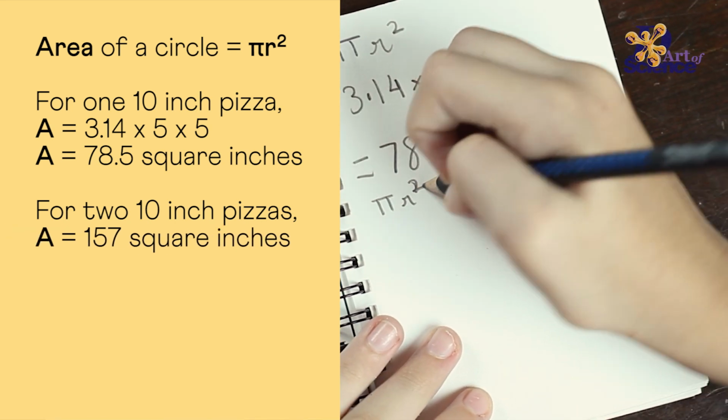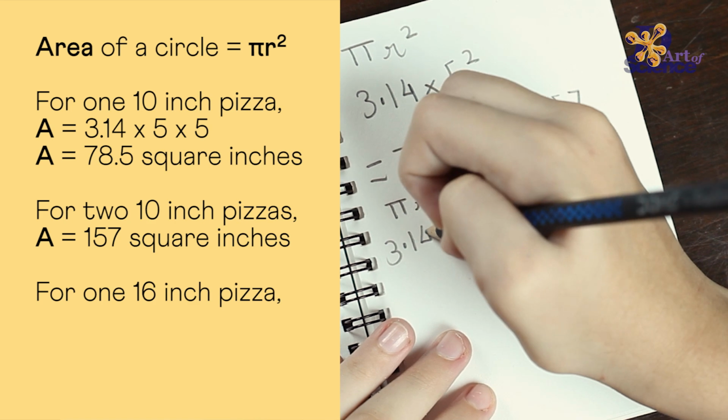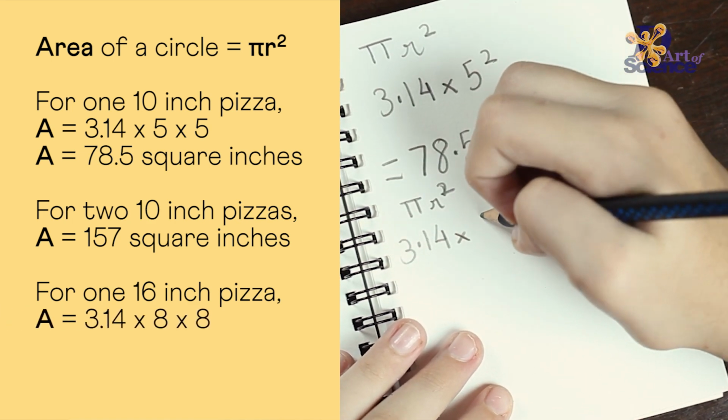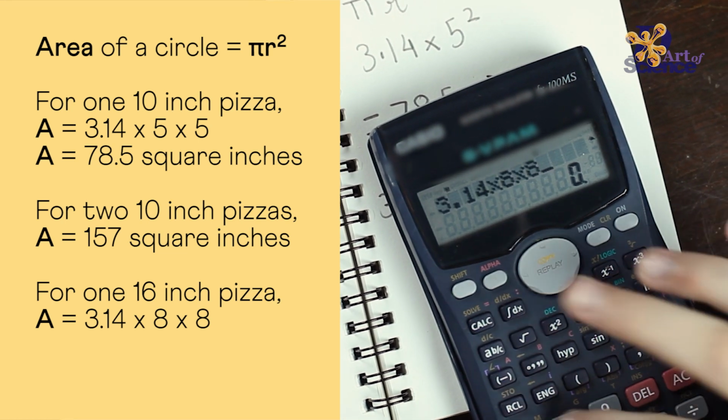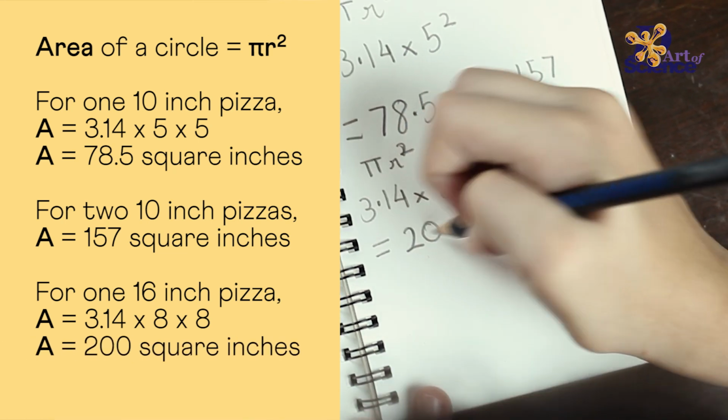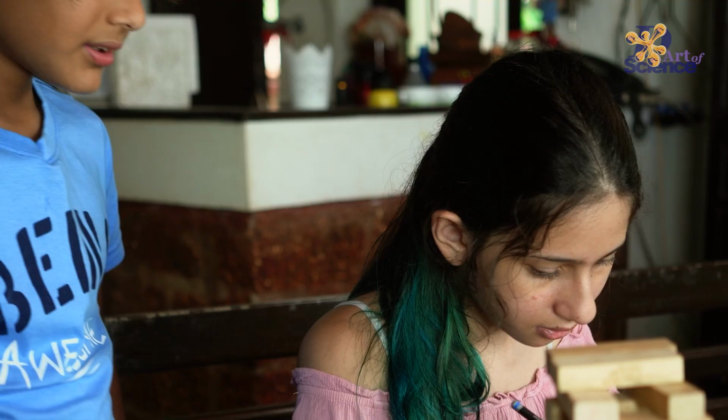But the 16-inch pizza, using the same formula, gives us around 200 square inches. See, 1 large pizza is bigger than 2 medium pizzas.